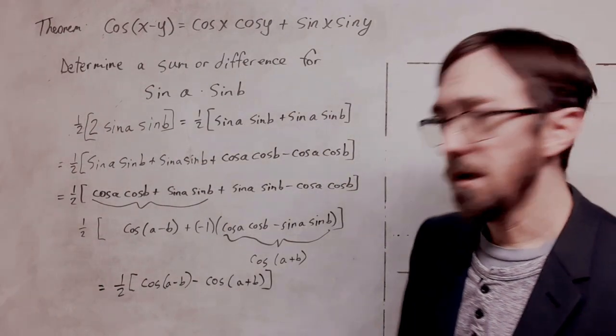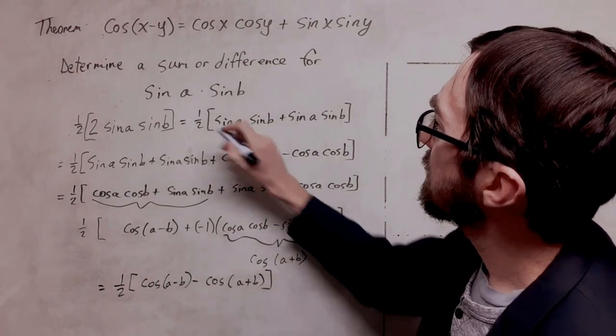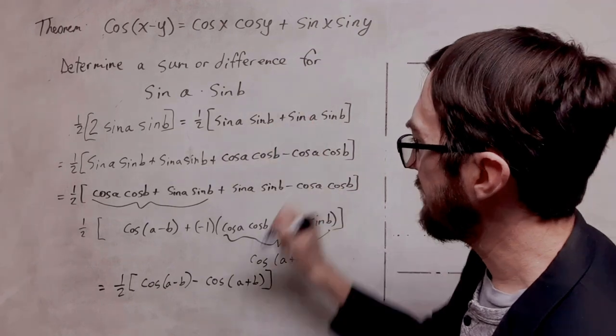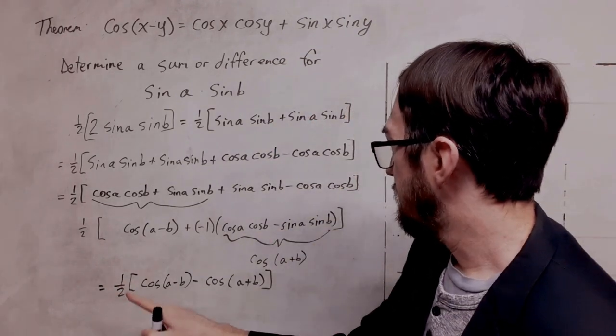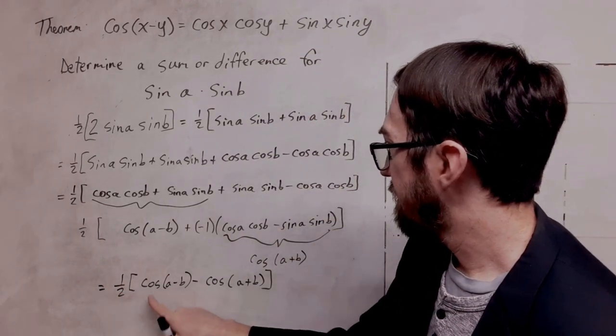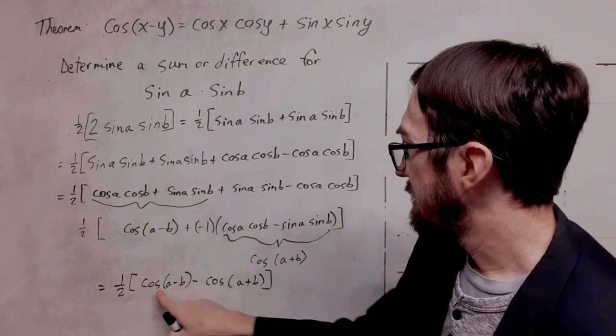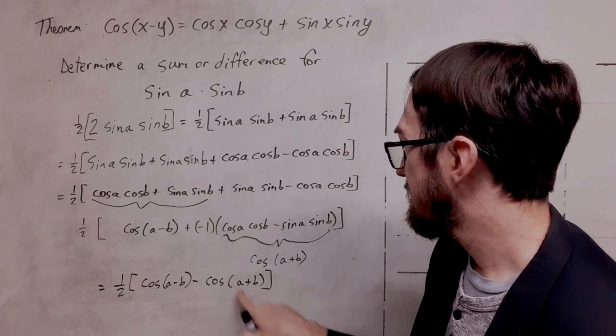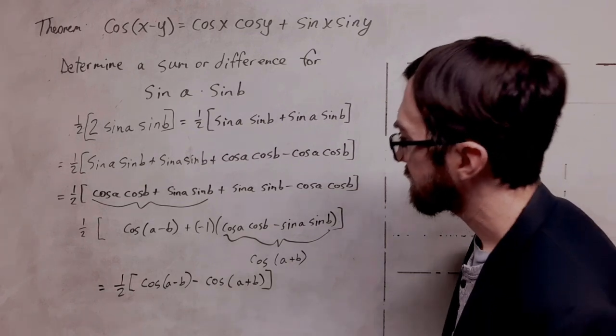And we are done. The product of sine of A times the sine of B is equal to 1/2 times the difference of angles with cosine minus the sum of angles with cosine.